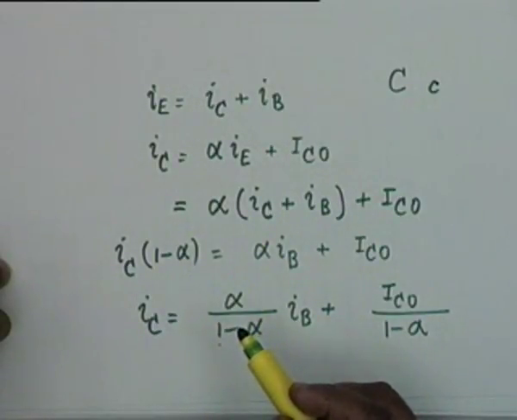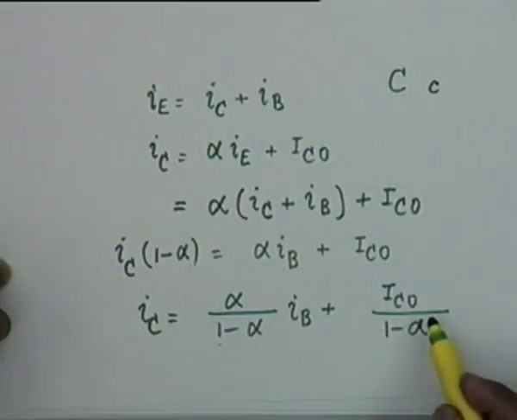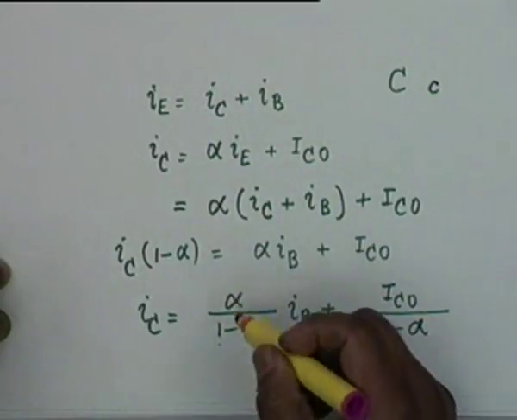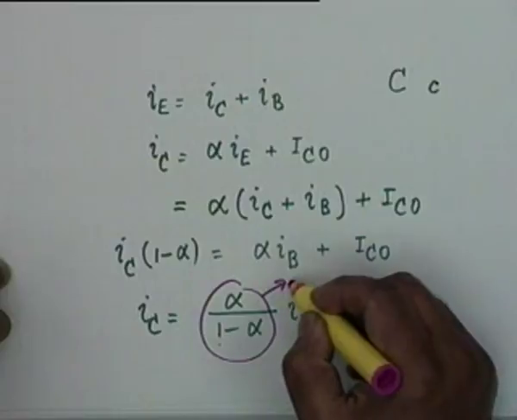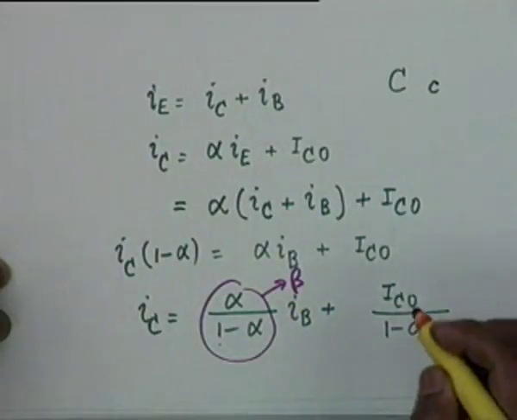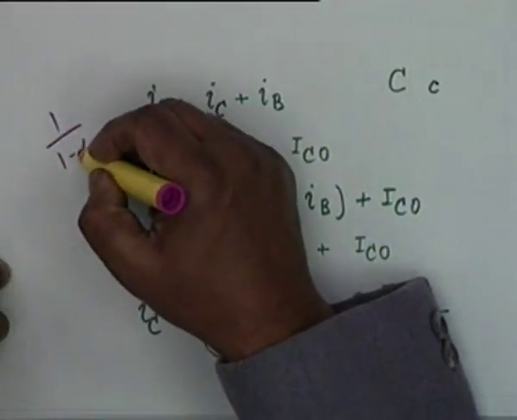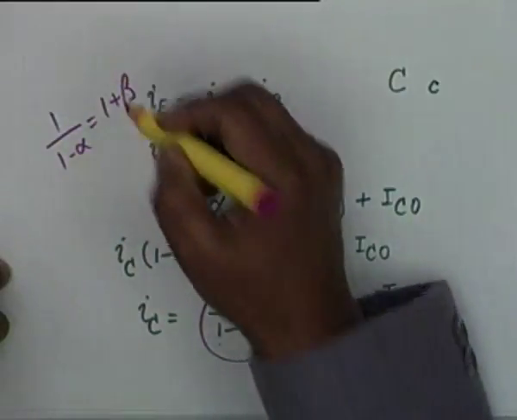Is that correct? You can also see that 1 by 1 minus alpha can be written as 1 plus this quantity. So if I write this quantity as beta, then 1 by 1 minus alpha can be written as 1 plus beta.